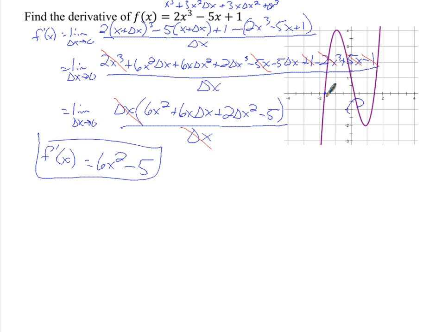So let's plug in -2, because we'll get a pretty steep positive slope. If I plug -2 in here, I get 4 times 6 is 24, minus 5. Pretty steep positive slope. What if I plug in 0? What should I get? A pretty negative slope. So I plug 0 in here and I do get a slope of -5. What if I plug in, let's see, +1?